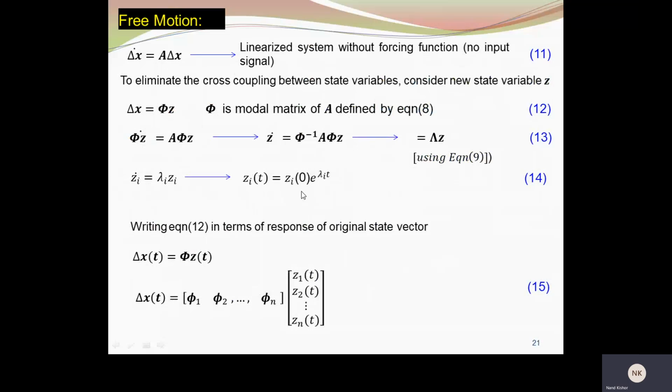Then from equation 12, we can write down the time domain response of the original state vector. So equation 12 has been modified, and we have written it as equation number 15 here.